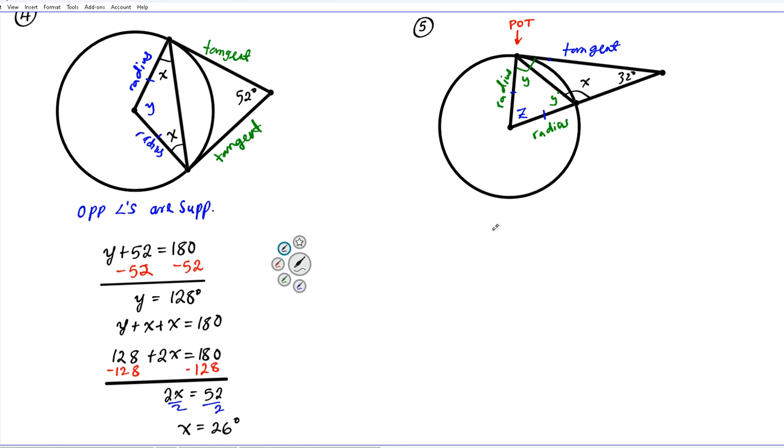So let's first of all find z. To find z, we know that it's 90, 32, z. These two, 32 and z, are complementary. Or we can just say z plus 32 plus 90 is equal to 180. Same thing. So z is going to be, add these two together, 122, equals 180.